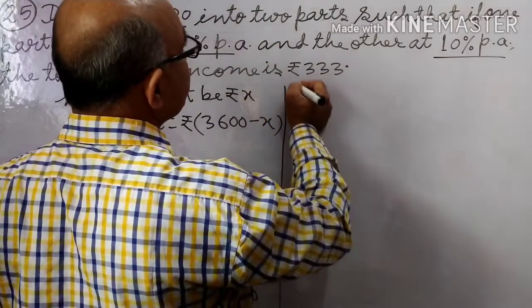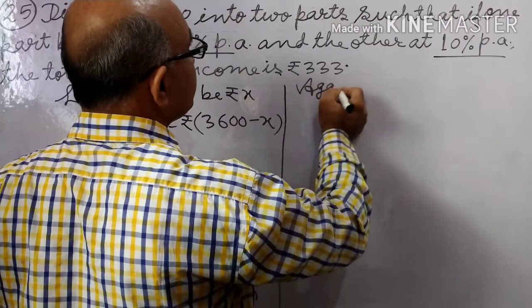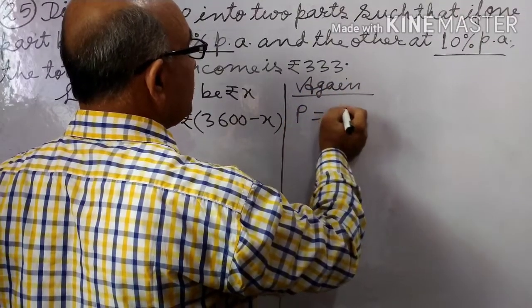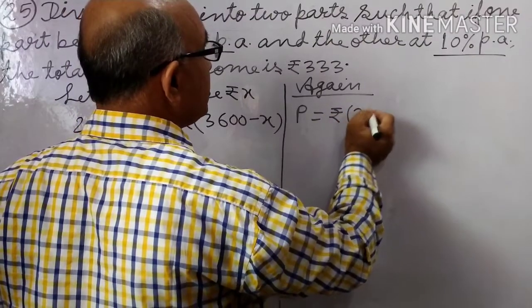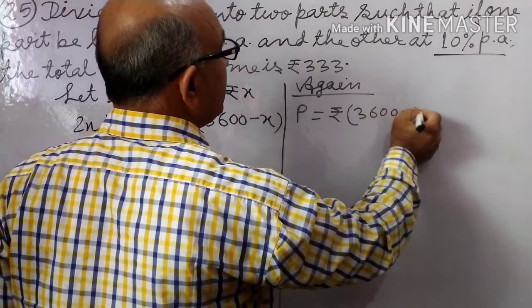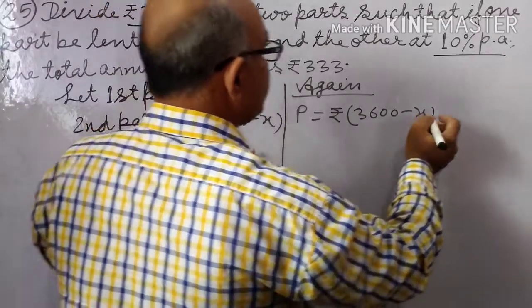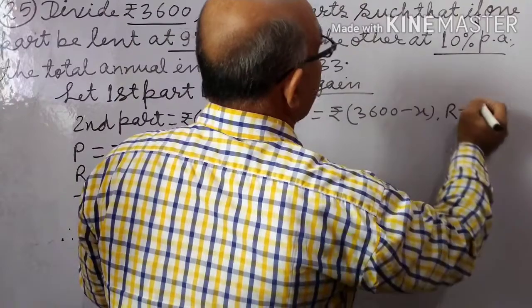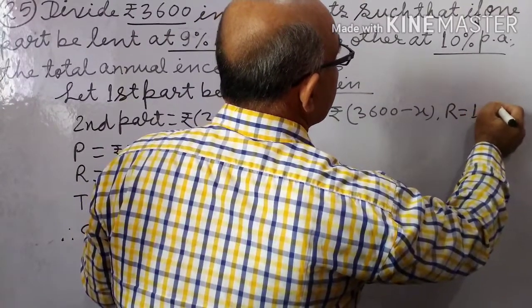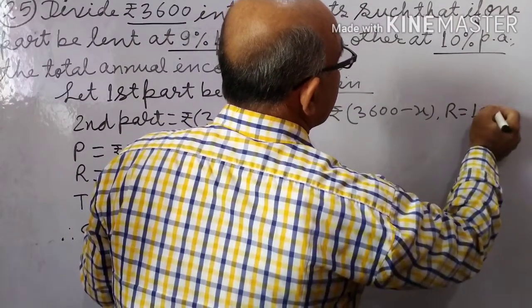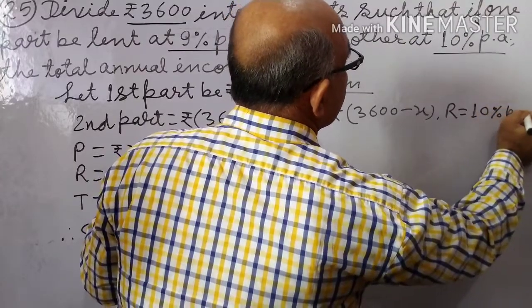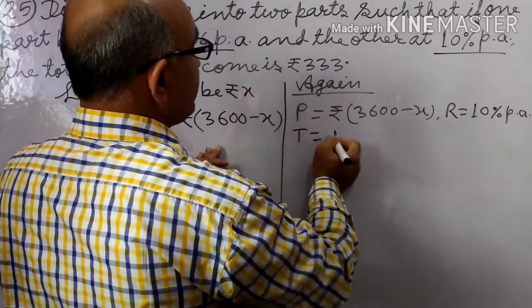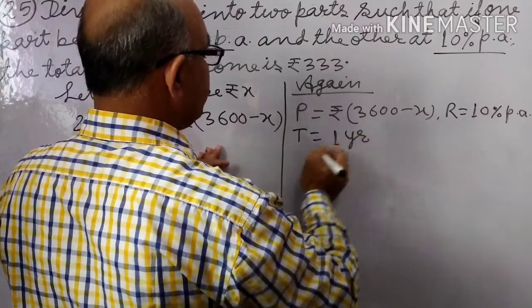Again, P equal to rupees 3,600 minus X, R equal to 10% per annum, T equal to 1 year.